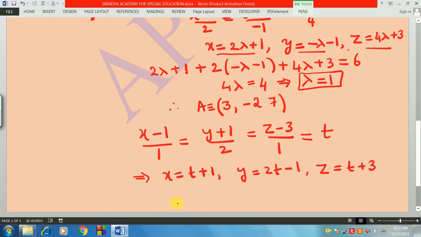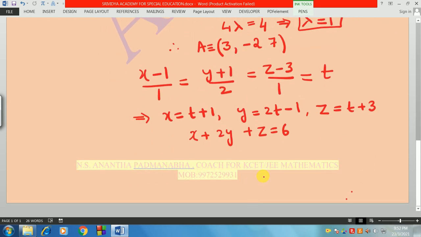Clearly N lies on the plane, that is, (t plus 1, 2t minus 1, t plus 3) satisfies the equation of the plane x plus 2y plus z is equal to 6. So let us substitute for x, y, z here.